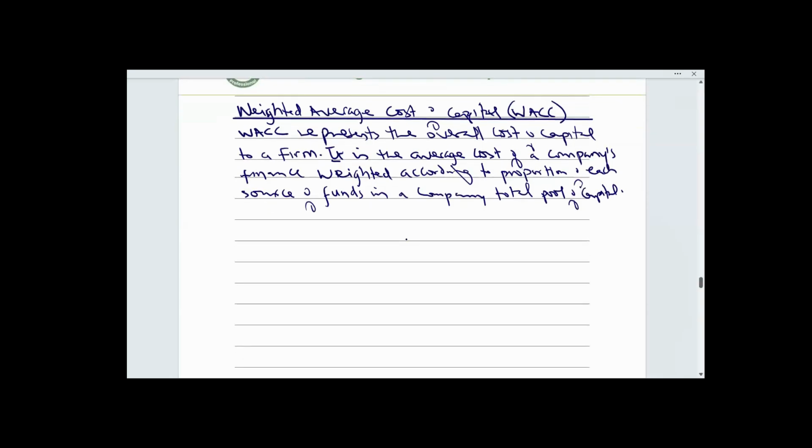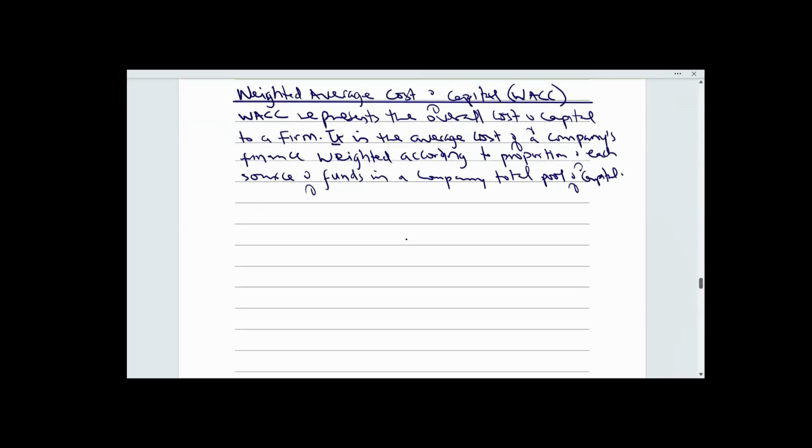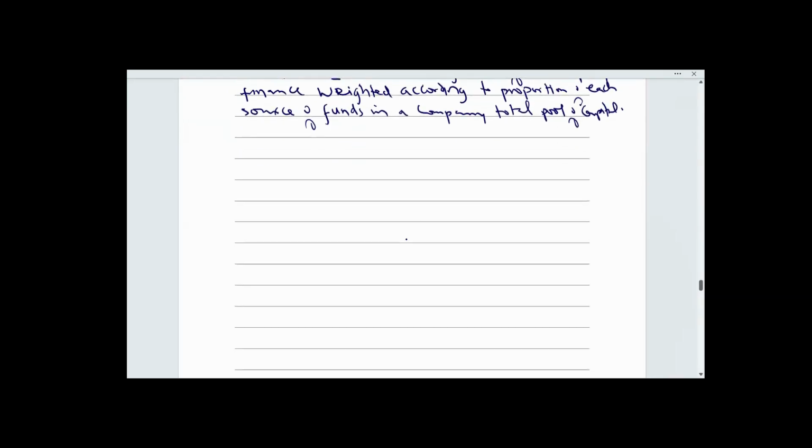When you look at my explanation here, I said it is the average cost of a company's finance weighted according to the proportion. Okay, let me write this: according to the proportion of each source of funds, source of finance in a company's total pool of capital. Let's say, for example, in a company's capital structure, you have ordinary share capital.